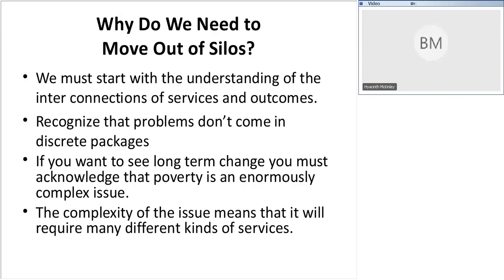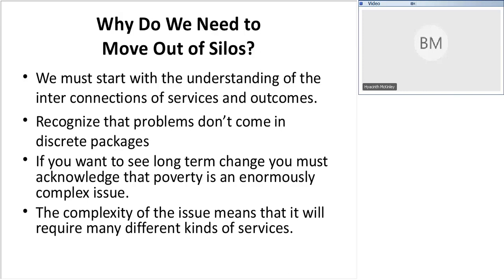We might say this is what we do, but it doesn't say so what. Or if we say these are the outcomes that we achieve, but we don't show the kinds of services that went into those outcomes, we may not be showing the complexity of the issues that we're addressing.